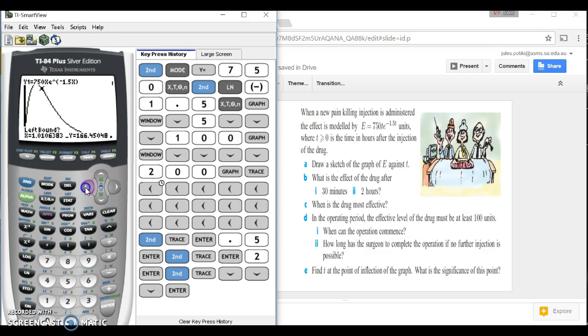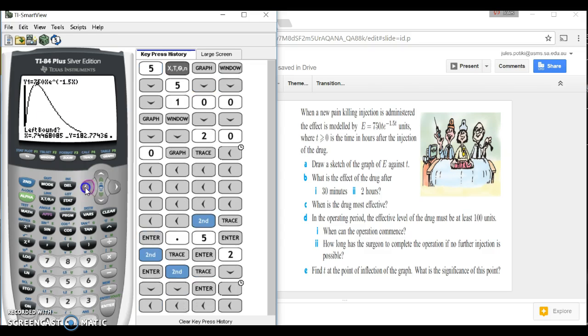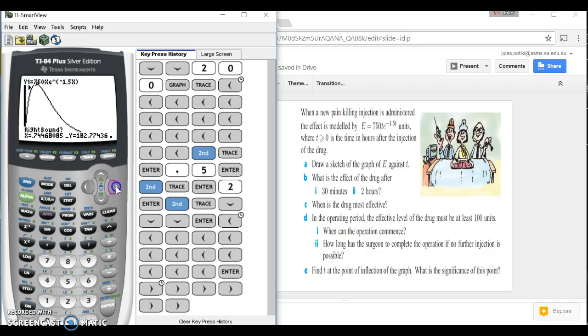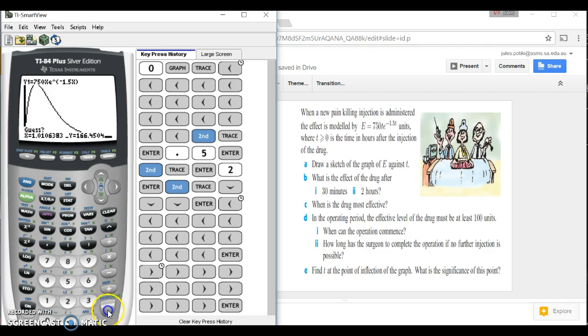It's asking us to define a left bound, so we have to just arrow the cursor left of our maximum and say yes, that's our left bound, and then arrow it right, that's our right bound, and then tell the calculator to have a guess.